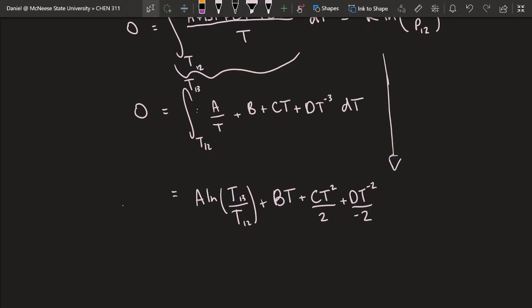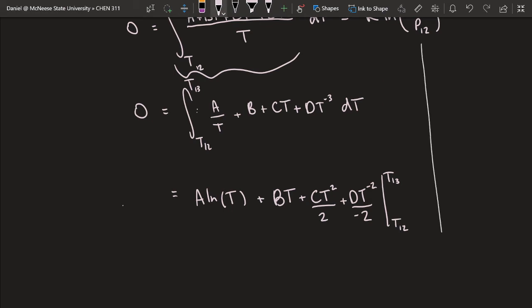Okay. Actually, I should just say that this is the natural log, because I haven't done the limits yet. This is from T, so the natural log of T, right? Yeah, and then I'll bring this down later again.